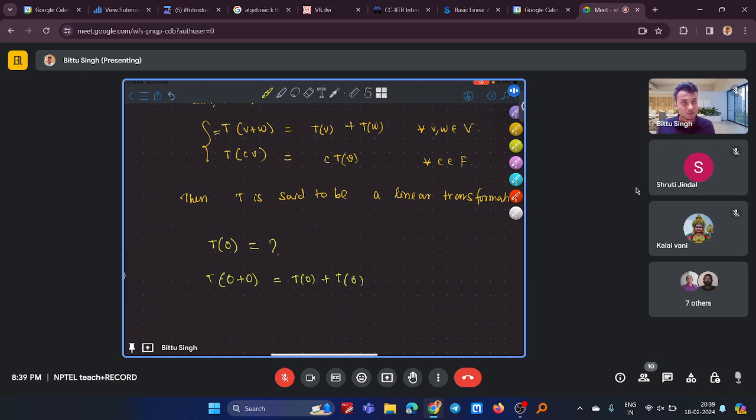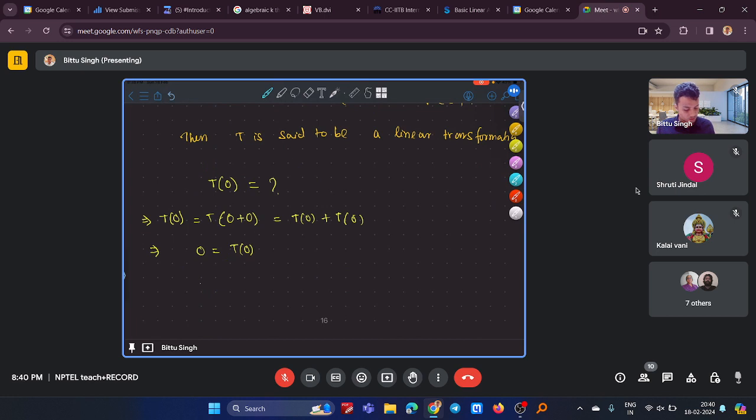Now 0 plus 0 is the same as 0, so T of 0 is the same as T of 0 plus T of 0. Now we can cancel one of the T of 0. This will give 0 equal to T of 0. This implies that under a linear transformation, 0 remains fixed.